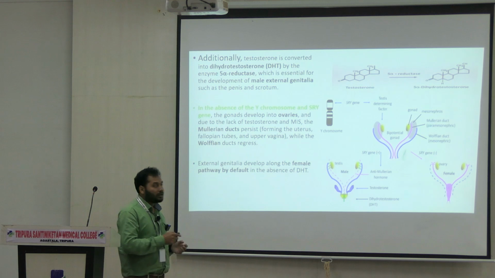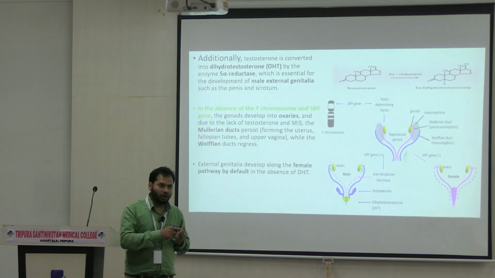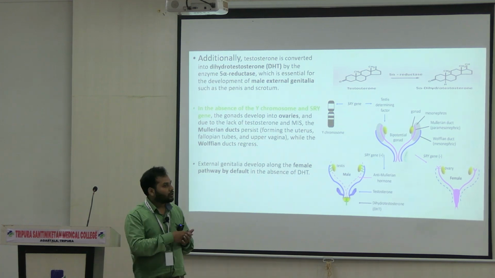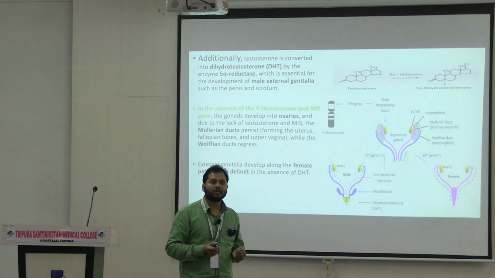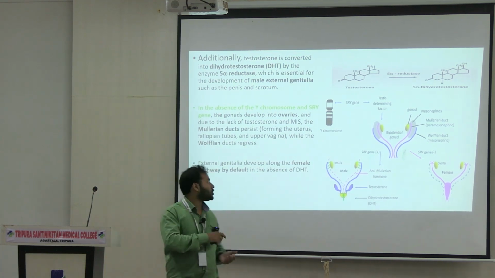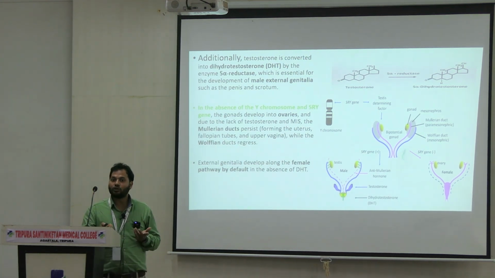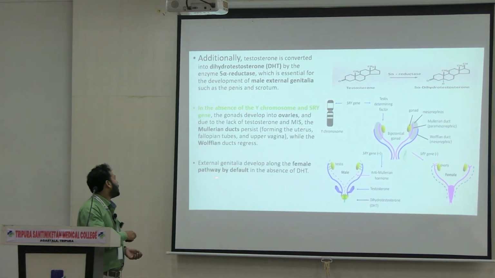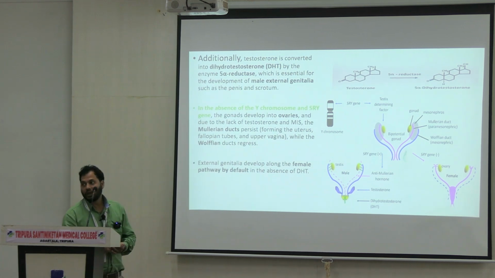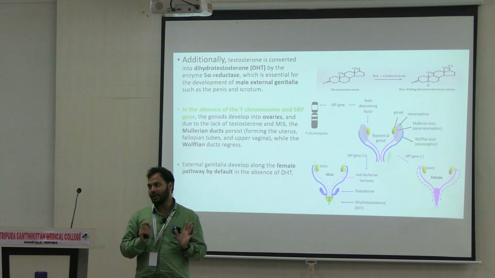So here, the Wolffian duct will not act. There is no chance of development or differentiation of the testis, so no formation of testosterone. No testosterone means no production of dihydrotestosterone. So the absence of dihydrotestosterone ultimately allows the female pathway. Mainly, it promotes the development of female external genitalia.